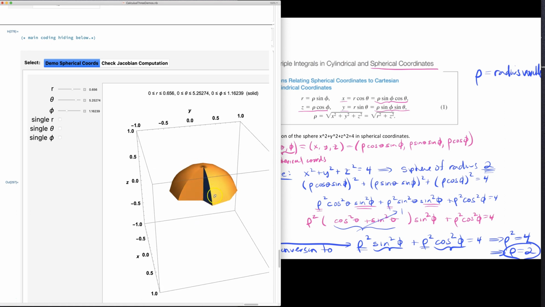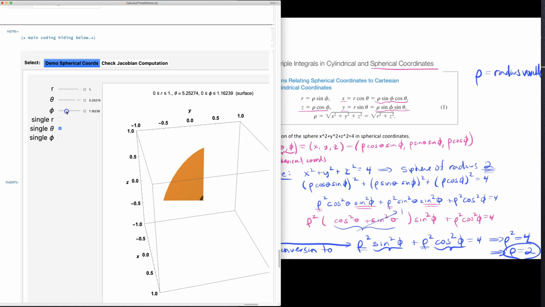Okay, so we went from this edge of the sphere, go around an angle theta, and if you fix that value of theta and radius still changes, we're getting a slice of that cone.